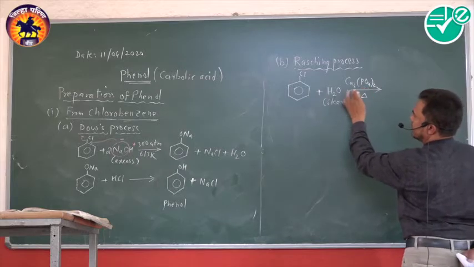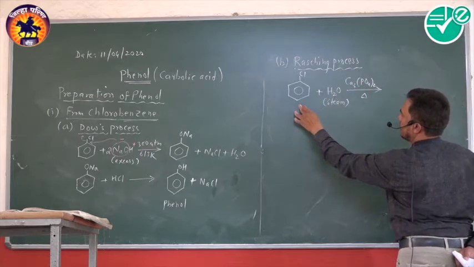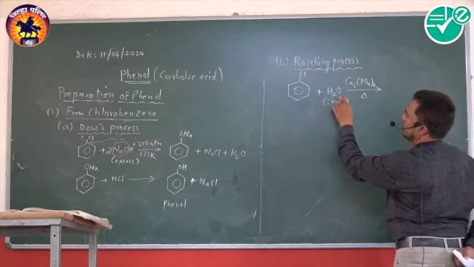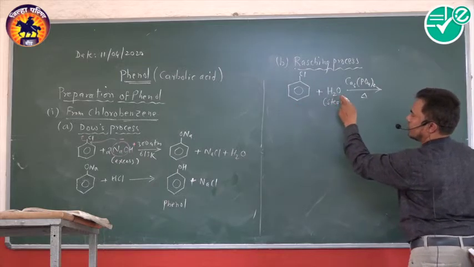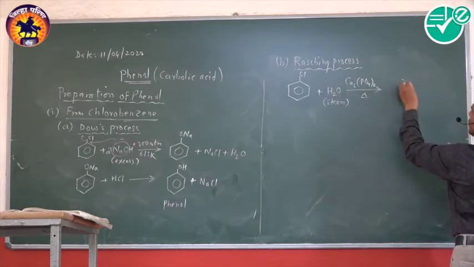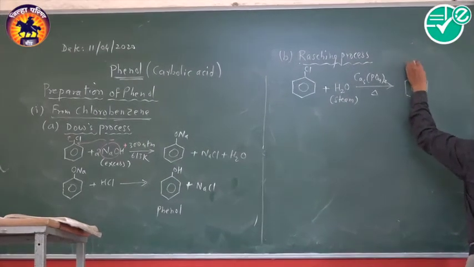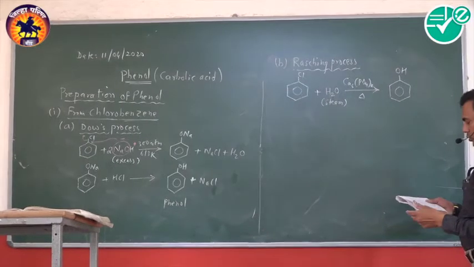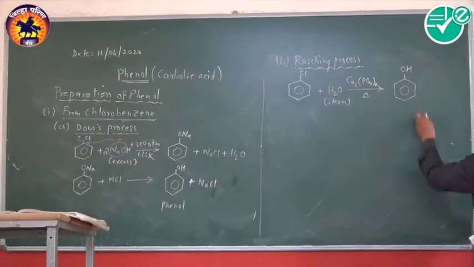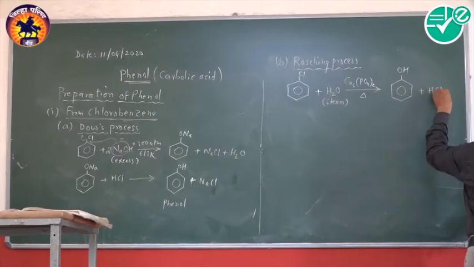So with the help of the catalyst, chlorobenzene reacts with the steam of water, or we can say chlorobenzene is passed through the steam of water, it directly changes into phenol, formation of phenol from chlorobenzene, plus HCl.